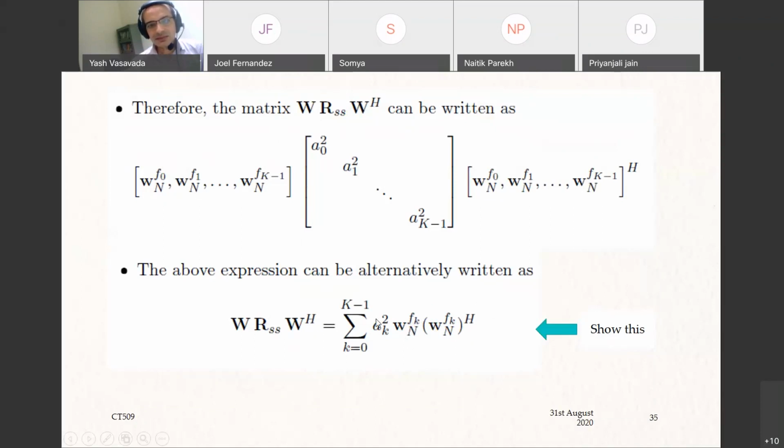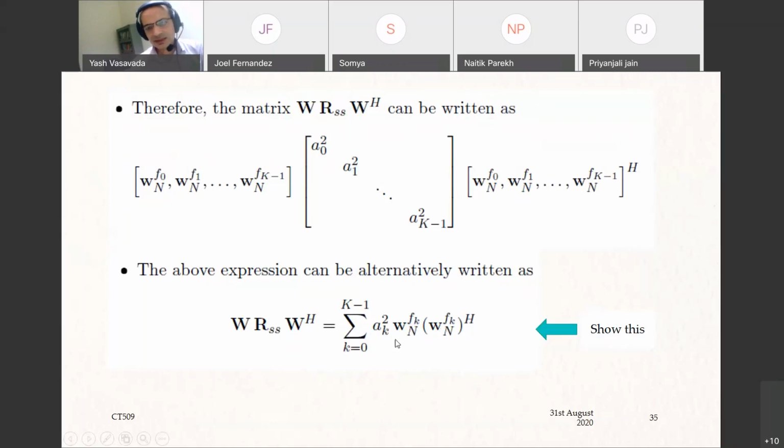And that makes sense. Remember, we said that this matrix product is n cross k, k cross k, and k cross n. So this entire matrix product has a dimension of n cross n. And this W Hermitian also has the same dimension. So it kind of lines up.